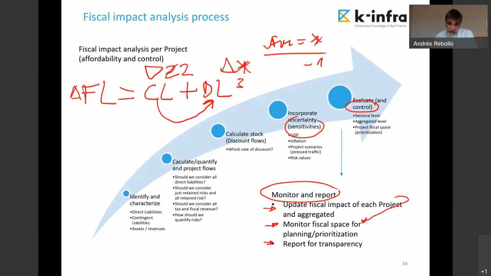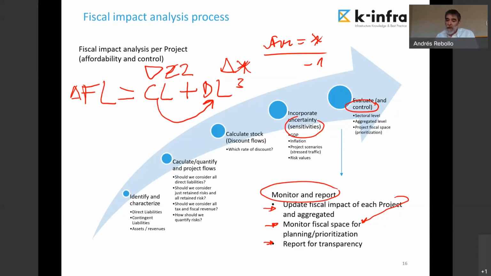I should take from the very beginning a net present value of all these revenues considering the most likely traffic scenario. And I will see if it's covering me or not the availability payment. If it's not covering the availability payment commitments, I will need to go to the budget.